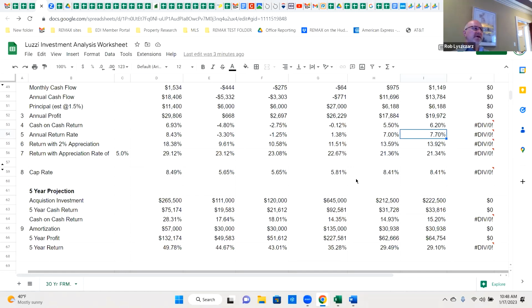If that house appreciates by 5%, how much is the appreciation? Say 500,000 goes up by 5%. What's the increase? 25,000. And Rob, what's the down payment on a 500,000 house with 20% down? 100,000.